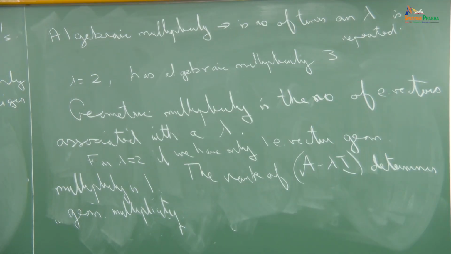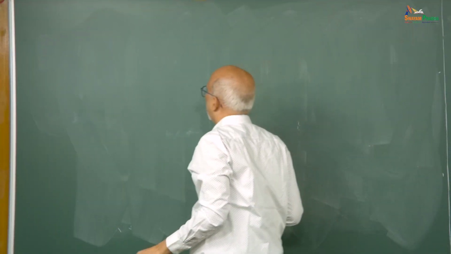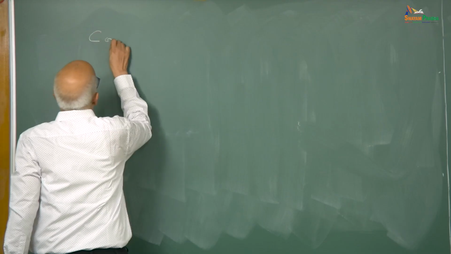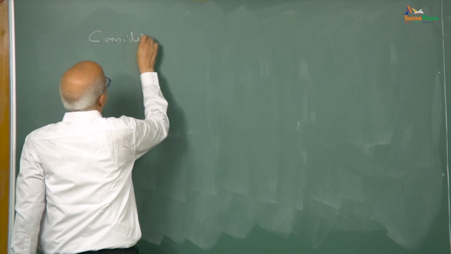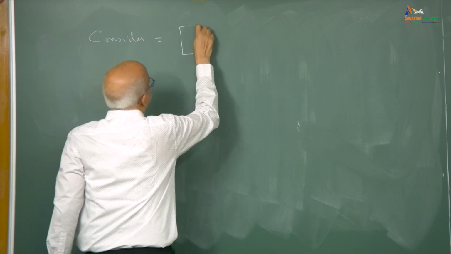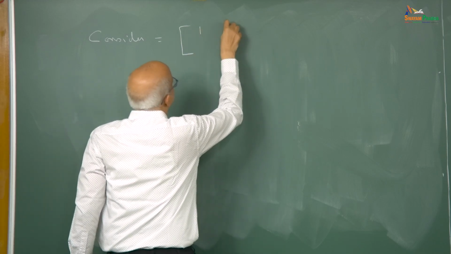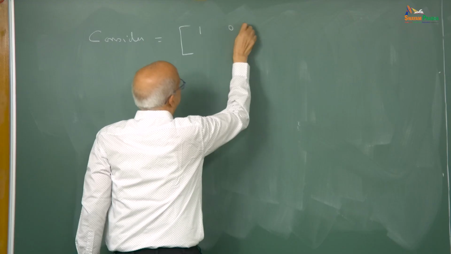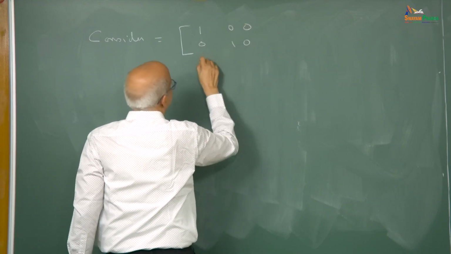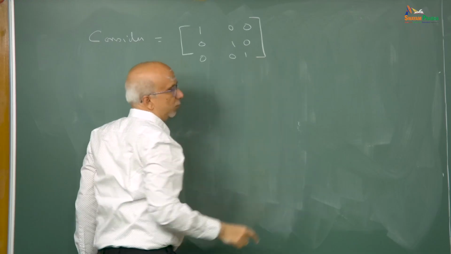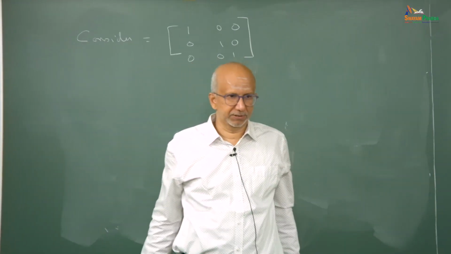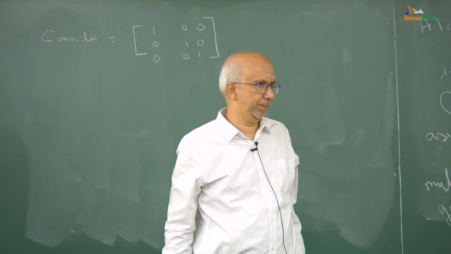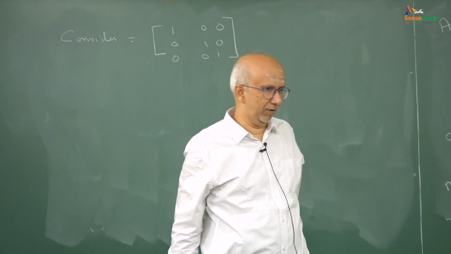Okay. I think the easiest way for me to illustrate this is to take the identity matrix. I can make it complicated by doing a 3-dimensional, 3 by 3. So, identity matrix means 1 is on the diagonals, okay, and you can calculate the eigenvalues for this.